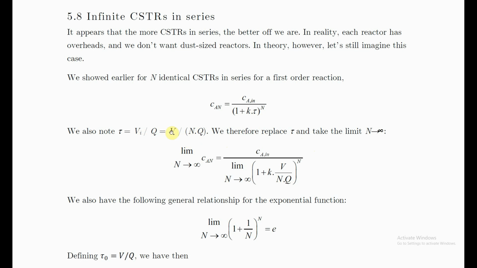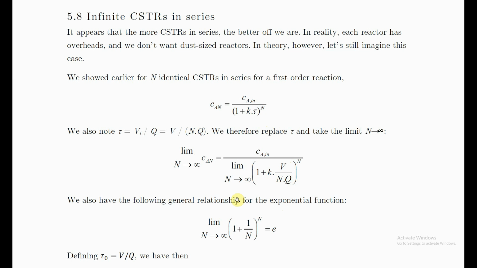If you replace tau with V over NQ, then you can say V over Q is actually tau 0, right? That's the space-time for the total setup. So the total volume over the total flow rate, we define that to be tau 0. But anyway, let's just say for now, that's the form that we have here.